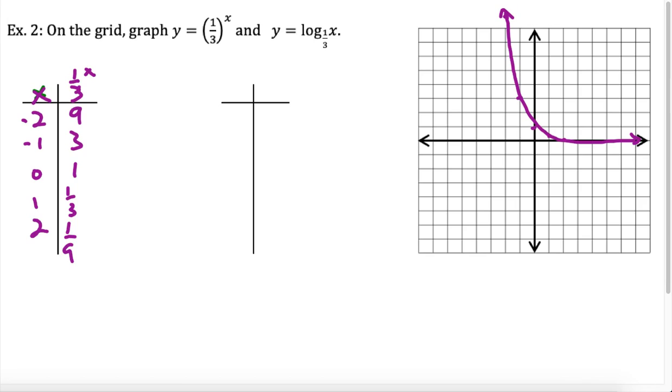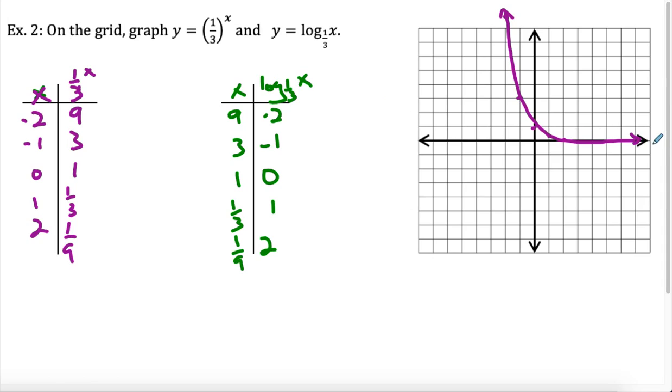So then for the corresponding log, if it has the same base and it is the inverse, all I'm doing is switching the x and the y values. So 9, -2, 3, -1, 1, 0, 1/3, 1, 1/9, 2.